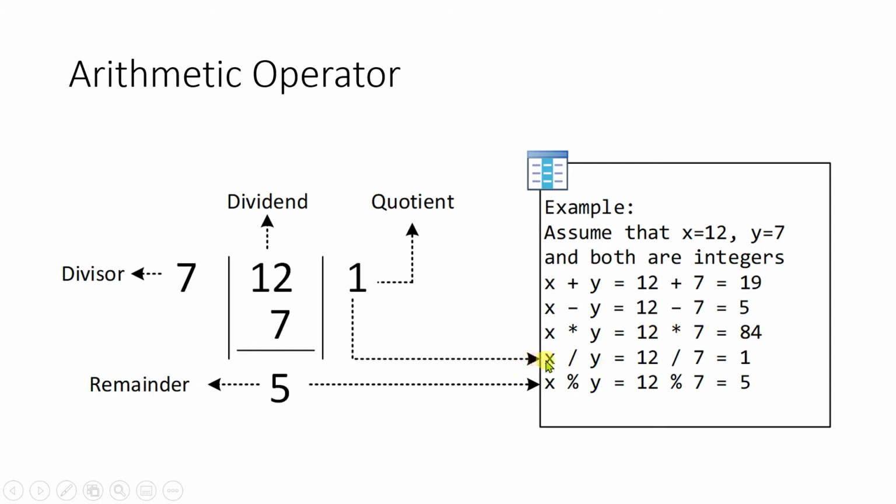But there is an interesting fact when we talk about division and the modulus operator. Let's say you are given a dividend of 12 and a divisor of 7.